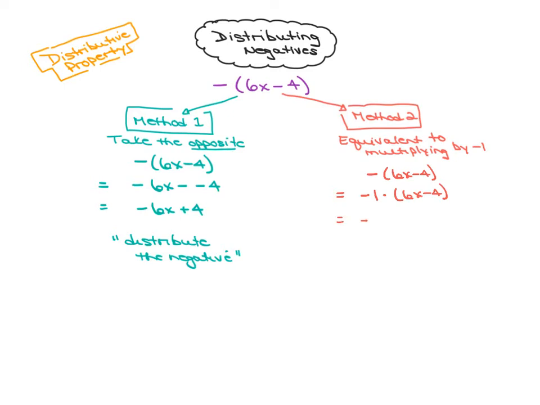It's the same as saying negative 1 times 6x minus negative 1 times 4. Notice I'm leaving that operation as is. If we do that multiplication, negative 6x minus negative 4, and again dealing with those double signs, plus 4. So really mathematician's choice. Typically a mathematician likes to think about it one way or the other.